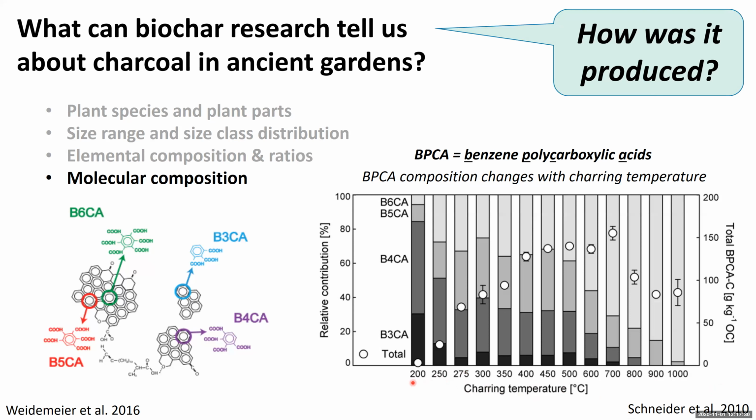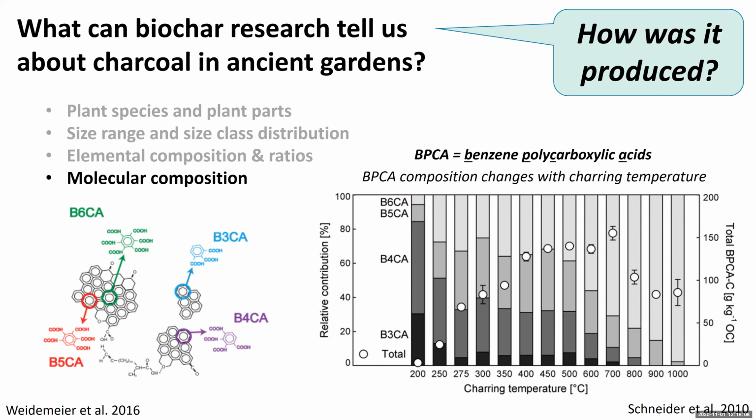So for chars created at 200 degrees Celsius, in this first bar here, we see about 30% of the total BPCA measures were measured as B3CA, and about 50% of the total measured was present as B4CA, compared to only about 10% each for both B5CA and B6CA. And again, B6CA comes from the most condensed areas, and B3CA comes from the least condensed areas.